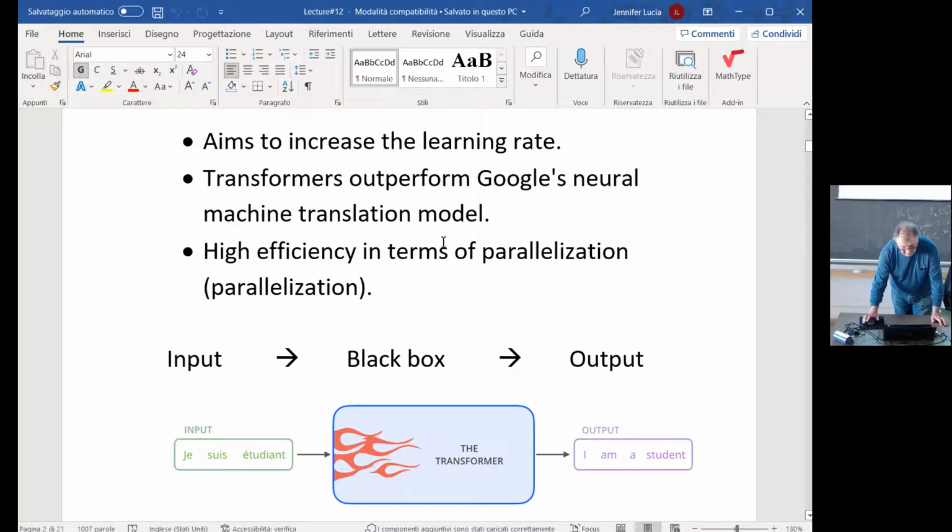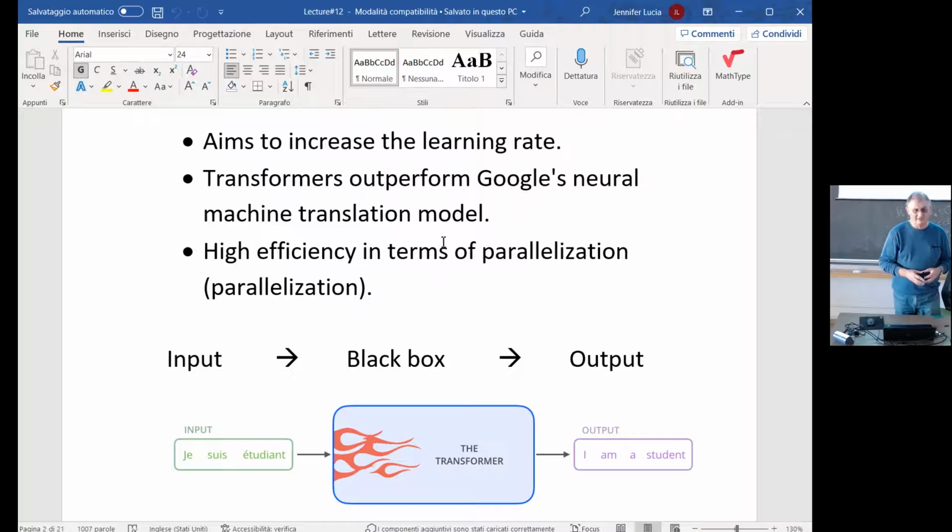Then, transformers have much bigger performance than any other architecture of neural machine translation model, and it has high efficiency in terms of parallelization.